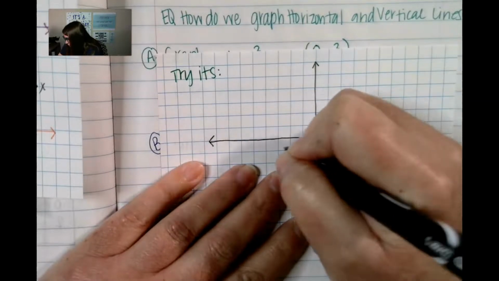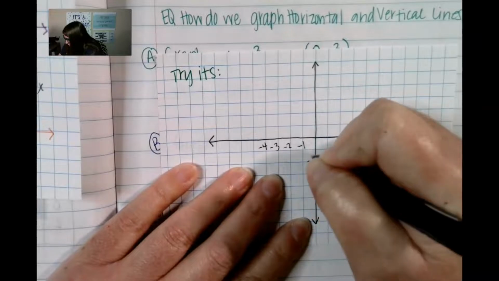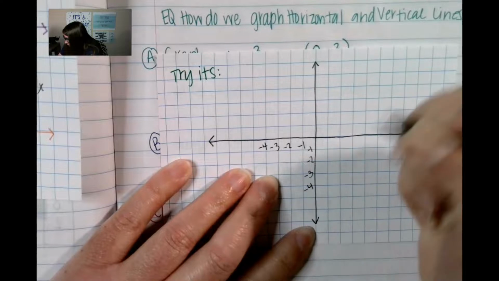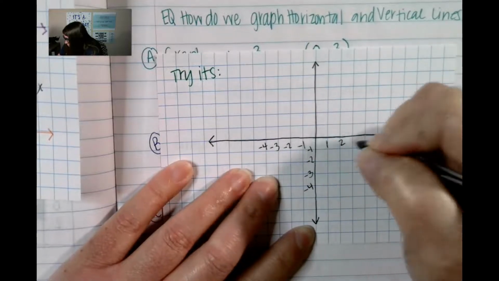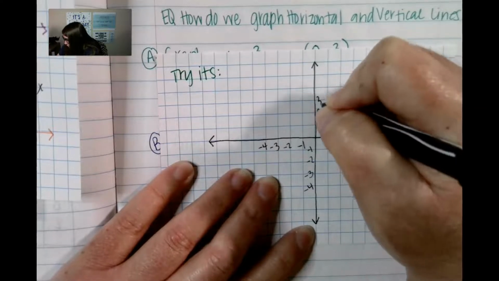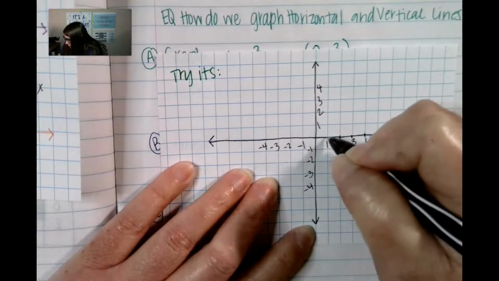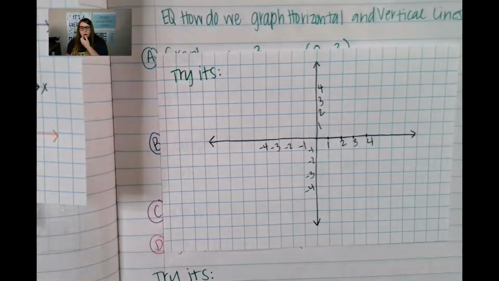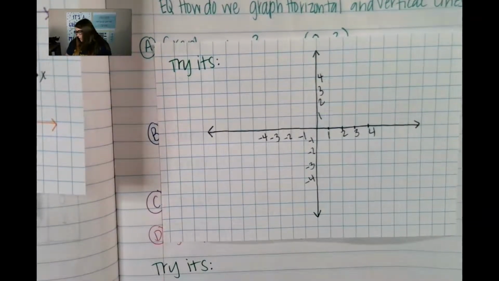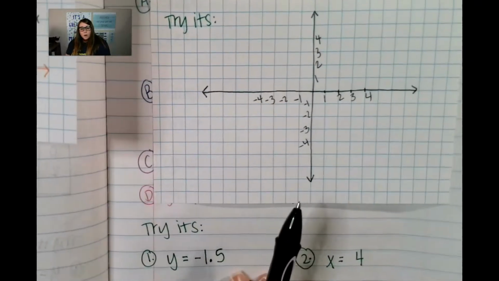So here's negative 1, negative 2, negative 3, negative 4. Here's negative 1, negative 2, negative 3, and negative 4. Here's 1, 2, 3, and 4. Remember, you're doing the lines here, not the inside of the box. Okay, so when you're labeling, label on the line the best that you can.